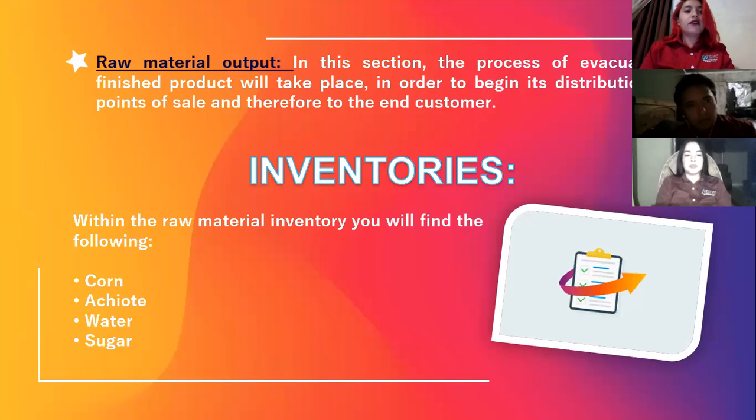Inventories. Within the material inventory, you will find the following: corn, achiote, water, and sugar. This is all the raw material that we need to process our product.